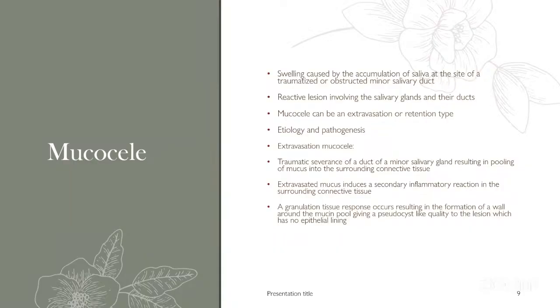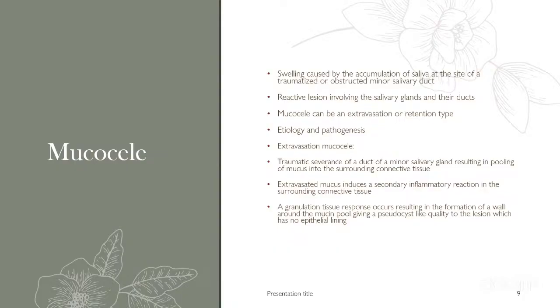So the extravasation mucocele is due to trauma causing rupture of the duct, which results in the pooling of the mucus into the surrounding connective tissue, which creates a granulation tissue response around it with the connective tissue wall, giving it a pseudocyst-like quality. This has no epithelial lining, and so it is called a pseudocyst.